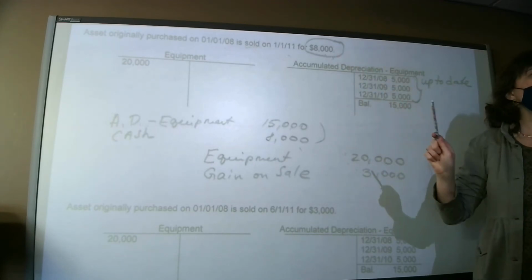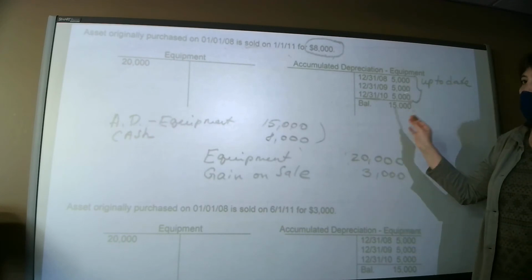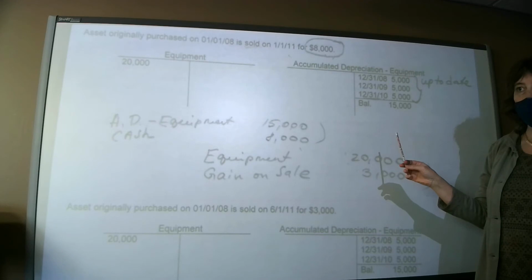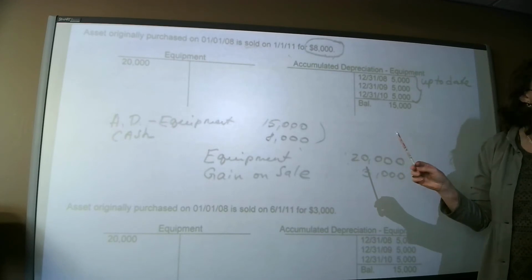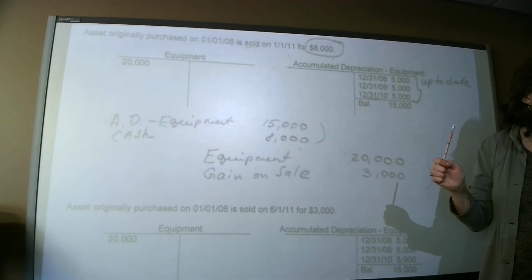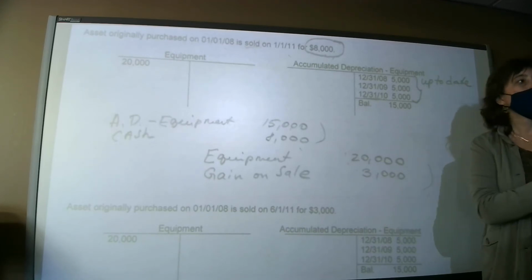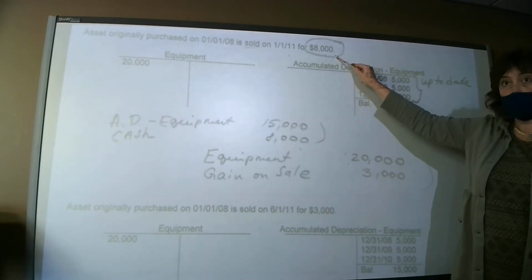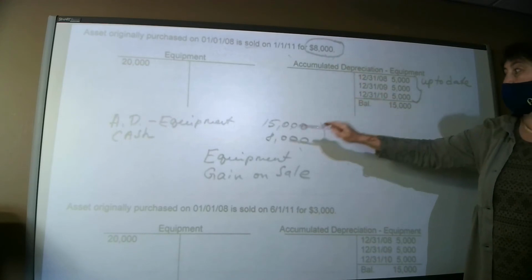Okay, can you guys be teachers? Can you revise this to put this on the exam so you have a loss? The value was 5,000, but you sold it for 2,000? Yeah, so if you put 2,000 in here, then cash is 2,000.